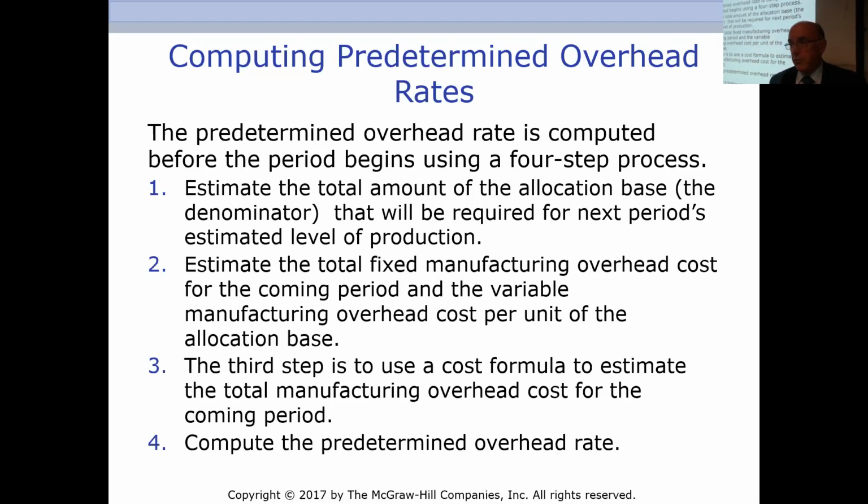You can start off with an estimate that this year is going to be about the same as last year, and then you look at the changes and fine-tune it a little bit. Number 3, the third step, is to use a cost formula to estimate the total manufacturing overhead cost. Some is fixed, some is variable. And then compute the predetermined overhead rate. And that's it. That's the 4-step process.